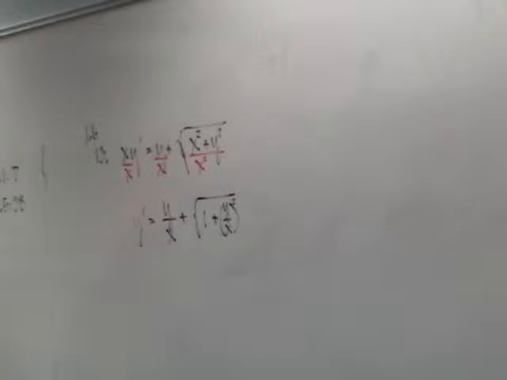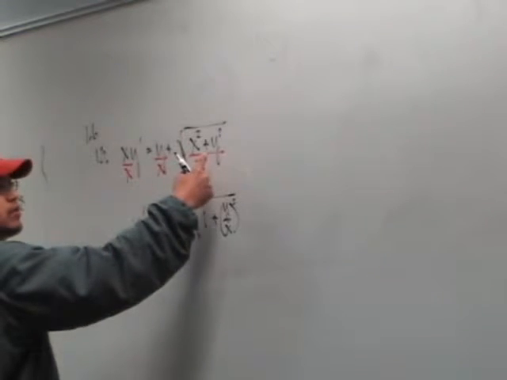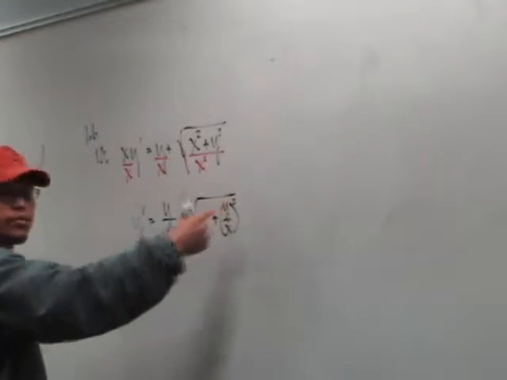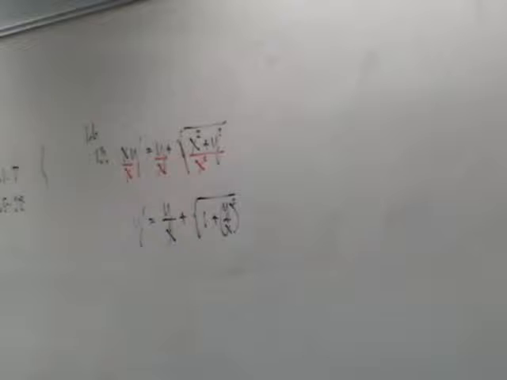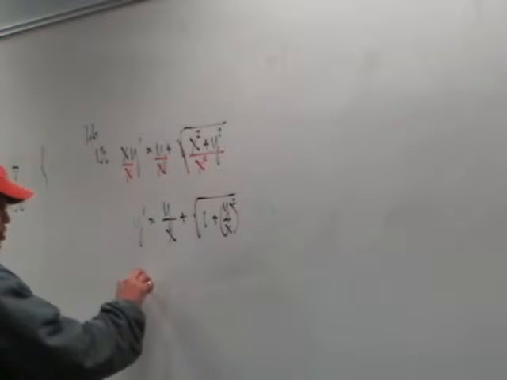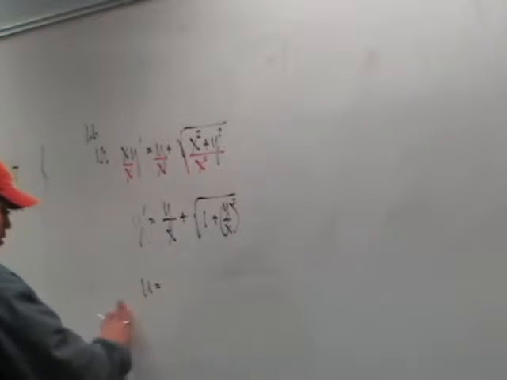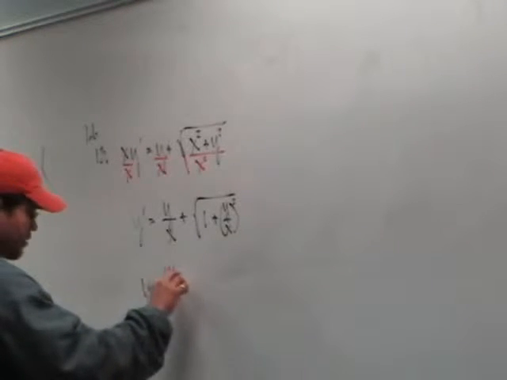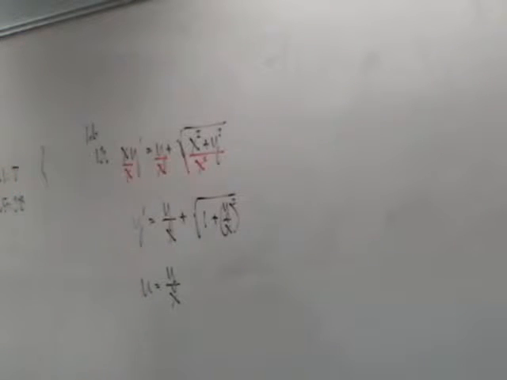We distribute the x squared, so that's 1 plus y over x, the whole thing squared. Simple algebra there. So you make now the u substitution: u is equal to y over x, as this is a homogeneous equation.